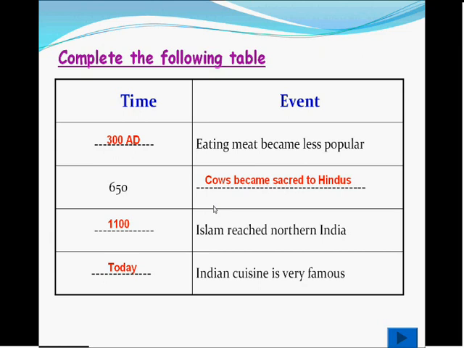And the events, of course, we have eating meat became less popular, cows became sacred to Hindus, Islam reached northern India, and Indian cuisine is very famous. And when we deal with a table, you know that a table always focuses on the main points. So it's like summing up the whole text. Okay? So again, don't worry, things are manageable, things can be very easy.